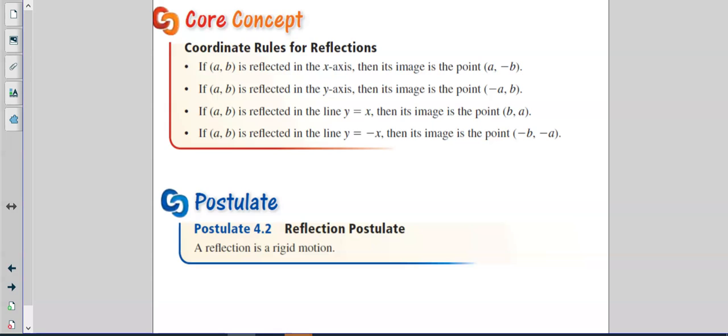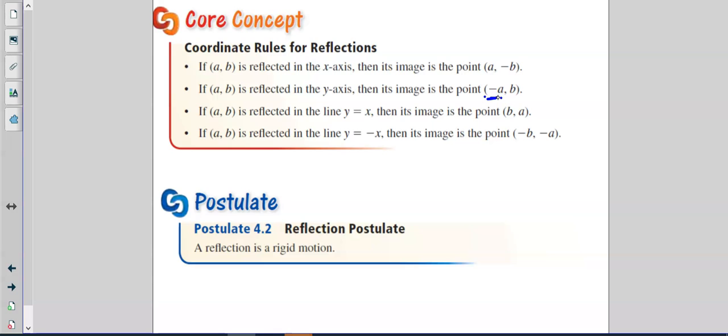All right, coordinate rules for reflections. So these are kind of summaries here. If it's reflected across the x-axis, all right, then the image is going to be A, -B. So if we're folding it up or down, the y changes to the opposite direction. If we're going across the y-axis, remember that's when we counted left, then we counted right. Notice the x is going to flip.